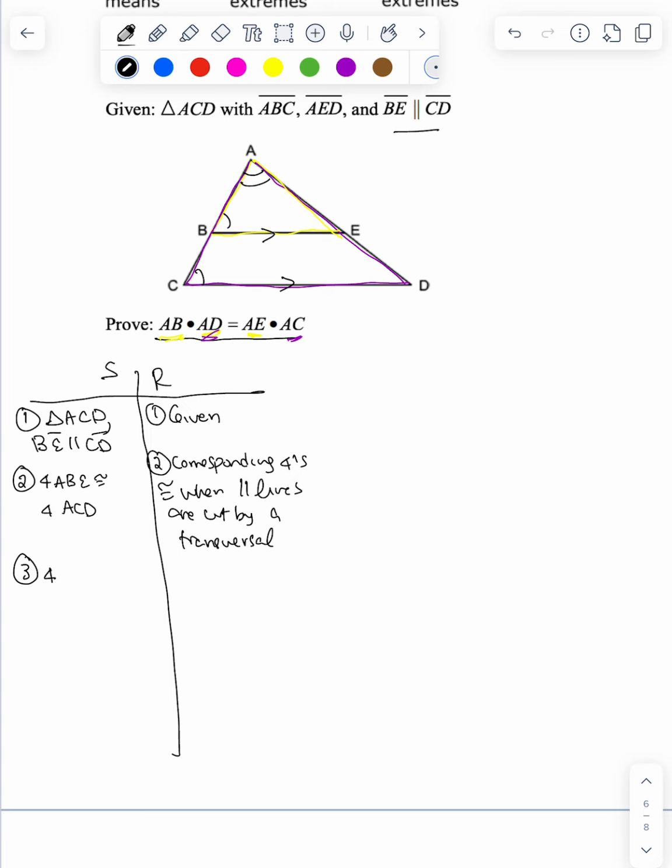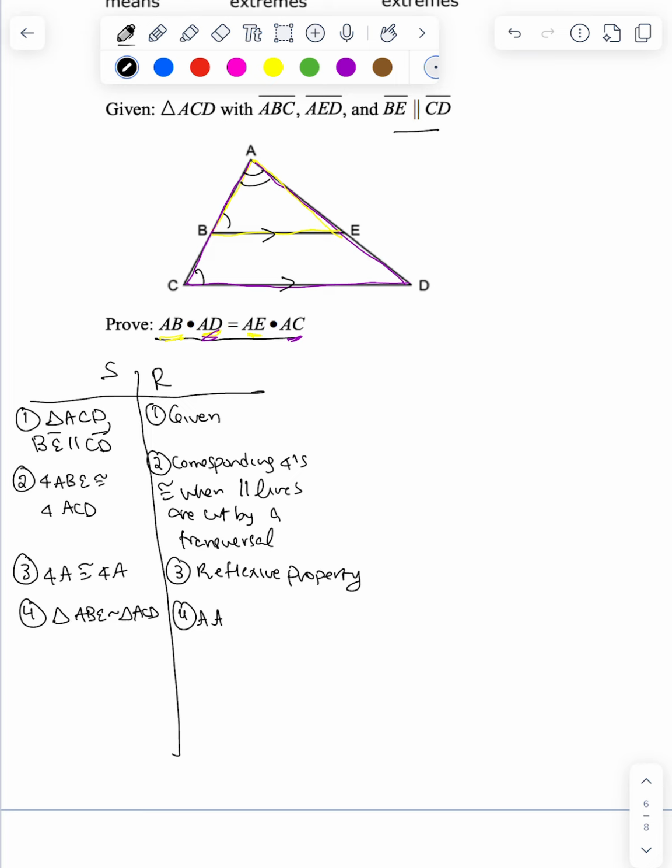And then we said that angle A was shared between the 2 triangles, so it's congruent to itself. And that's by the reflexive property. And from that, we can say we have angle, angle. So we have triangle ABE similar to triangle ACD by angle, angle.